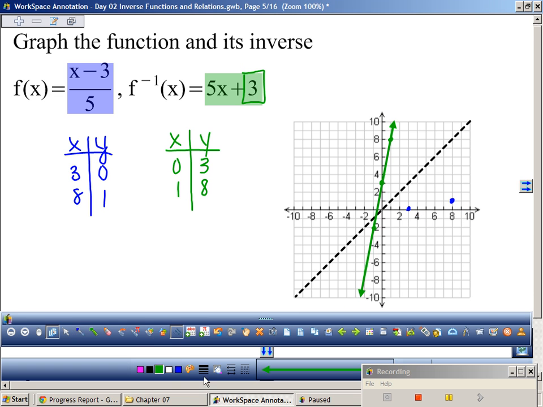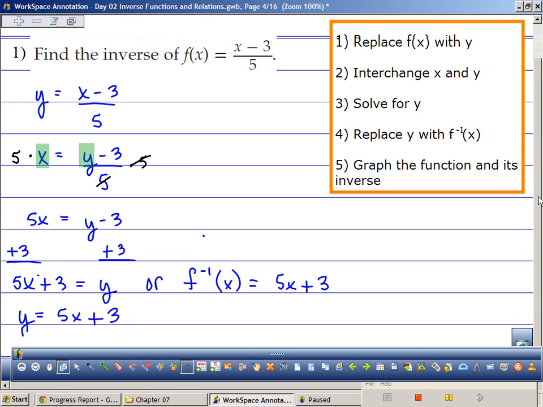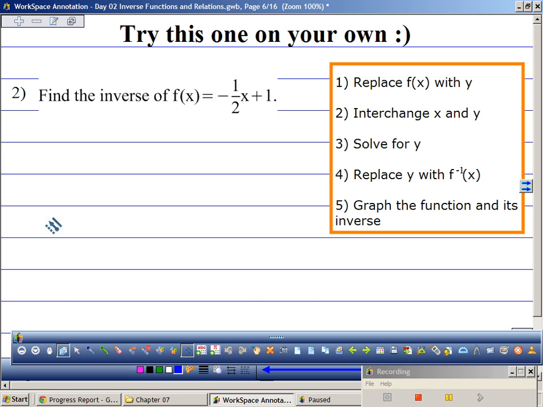There's my other line. Look at that. All make sense? Okay, let's go back and copy these down completely with the steps so you guys have everything. All right, let's look at the next one.